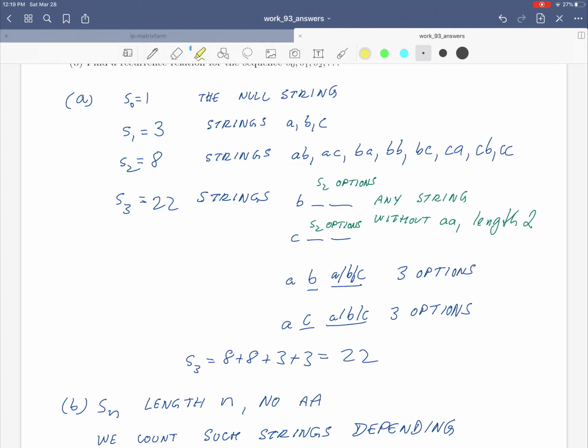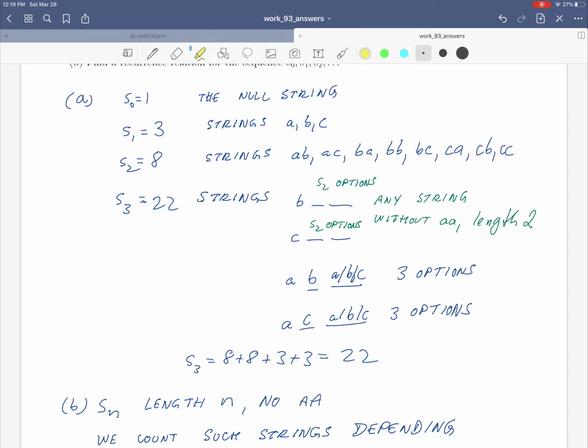On the other hand, if the string starts with A, we cannot just put any string without AA on the next 2 slots. For example, if we put A and then a string AB, we will create the repeating pattern AA. So we need to go a little bit further. If the string starts with A, we need to distinguish whether the next letter is B or C. A is not allowed as the second letter.